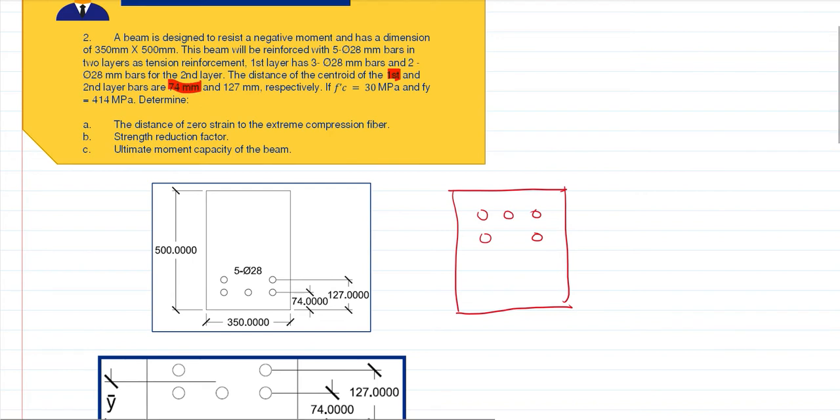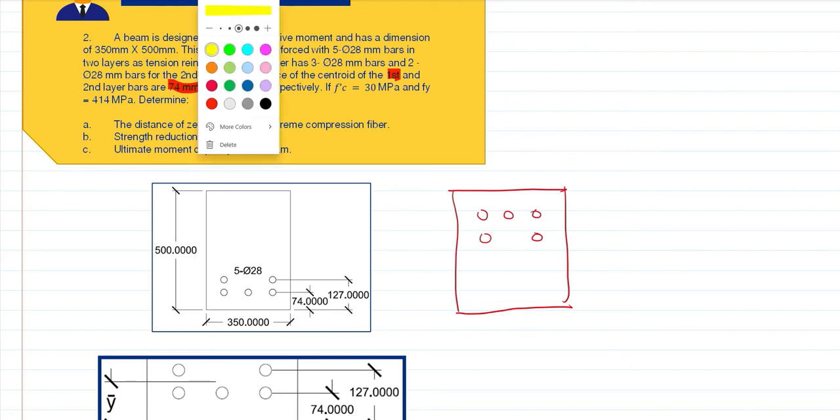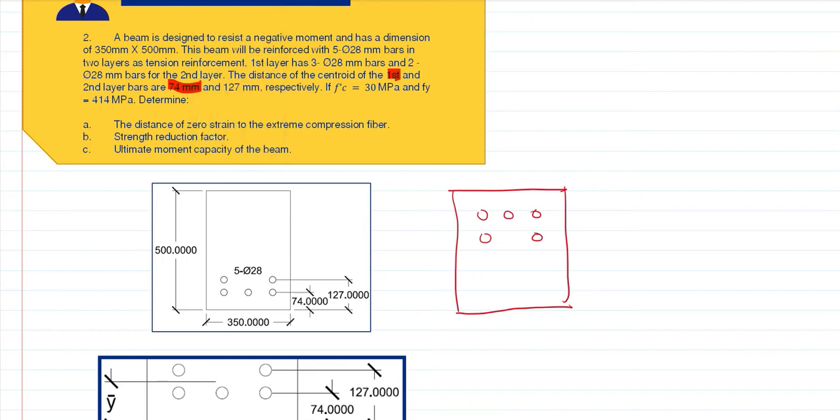Then, yung second layer natin, so magdagdag tayo ng kulay ng highlighter. So, ang second layer natin is ito. So, that will be 127 mm. So, ngayon, since dalawang layer yung reinforcement natin, meron tayong 5 diameter na 28.